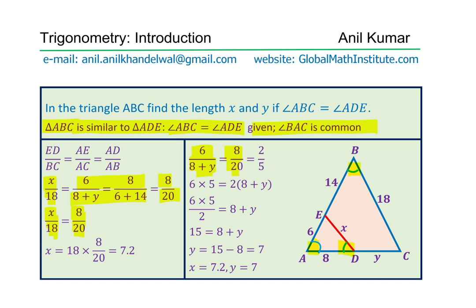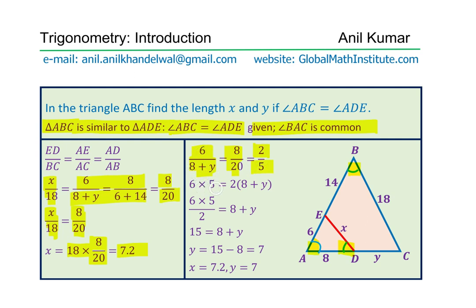You can cross multiply and solve. For example, in the case of x, x is equal to 18 times 8 over 20, and that gives you the value of x as 7.2, right? Well, you could have simplified 8 over 20, writing this as 2 over 5. Perfect. Now, so 6 over 8 plus y is equal to 2 over 5.